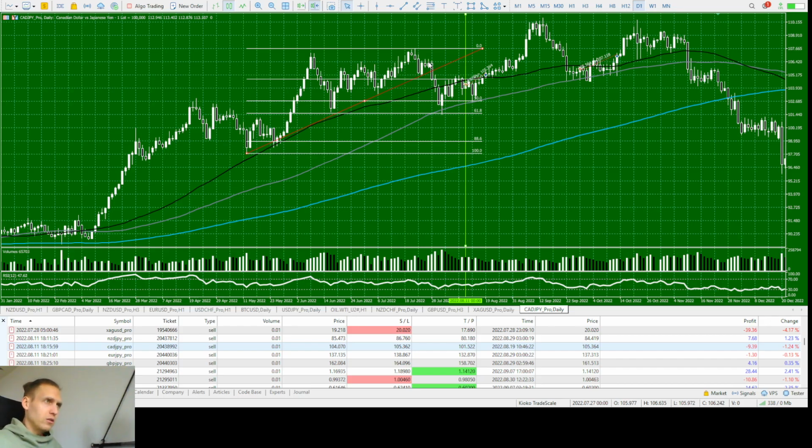I was probably paying attention to this small fib because it gave a quite good counter trend structure, and that's why I probably entered short.